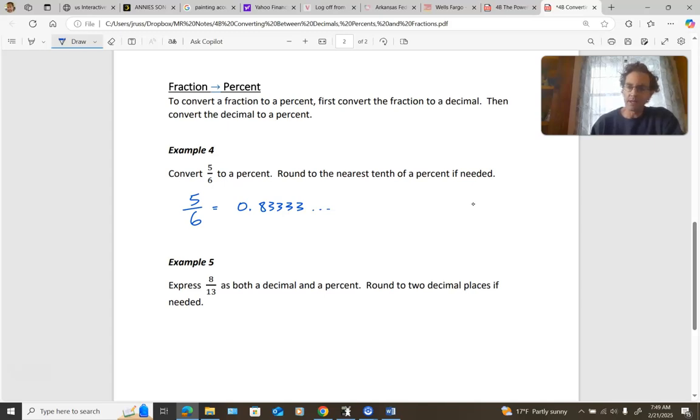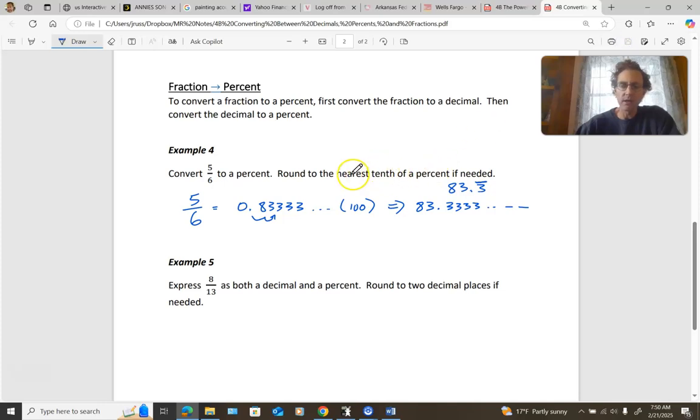So it is now a decimal. I need to convert it to a percent, so I multiply it by 100, which will move that decimal to the right 2 places, and it'll become 83 point, and then you just have that infinite string of 3's. Sometimes you can even write it like this, 83.3, and put a little bar above that 3. That just intimates that this 3 repeats forever.